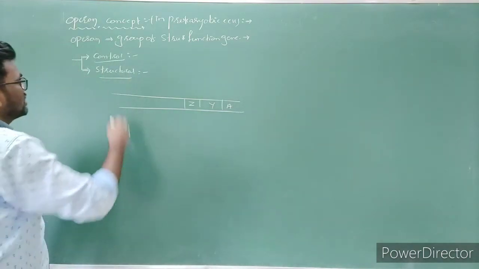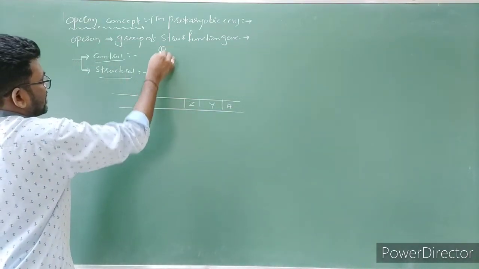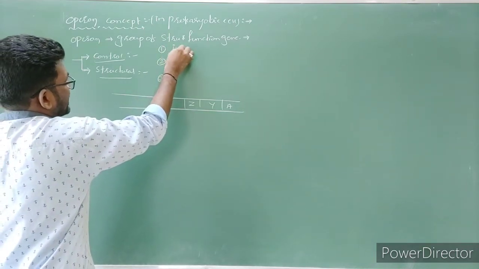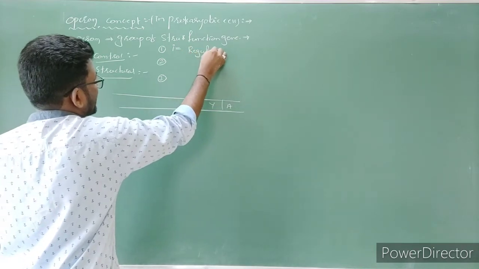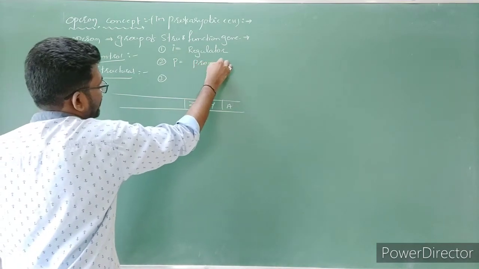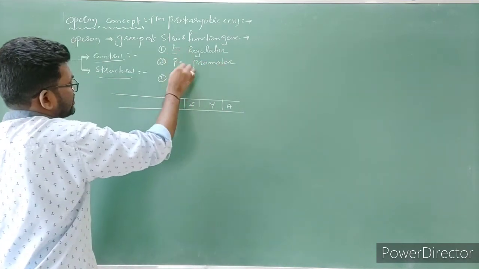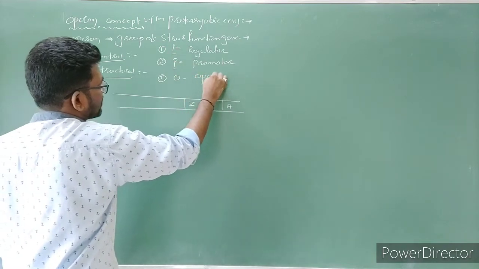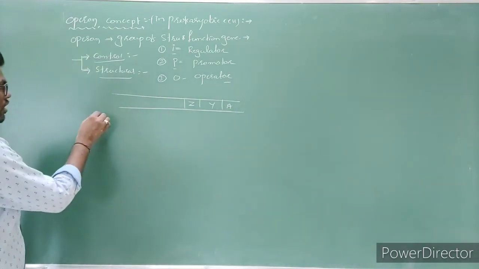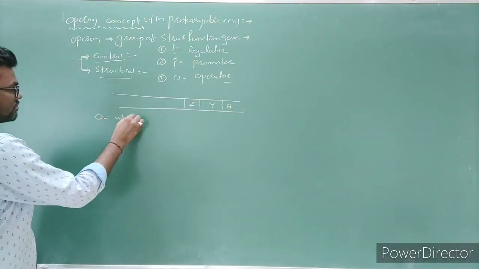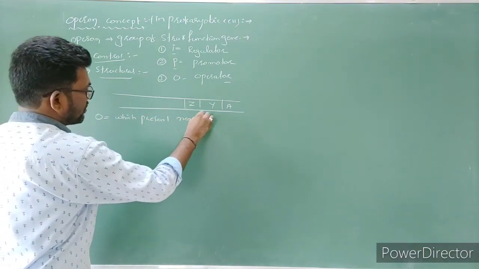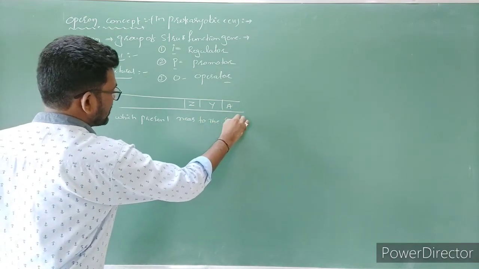Next, controlling genes are of three types. First, the I gene, which is a regulator, P, which means promoter gene, and O, which means operator gene, which is present near the structural genes.